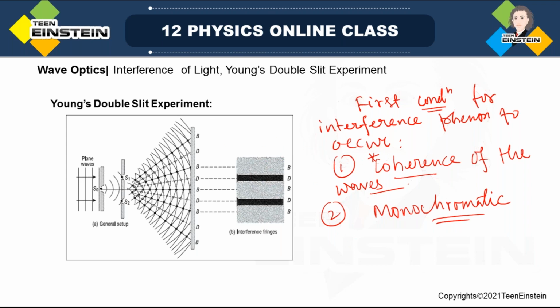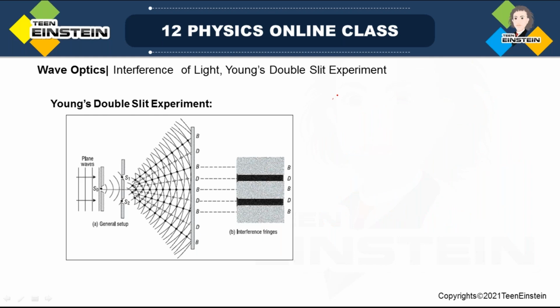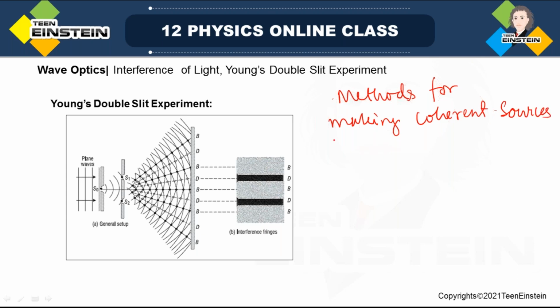So there are three methods for making coherent sources.